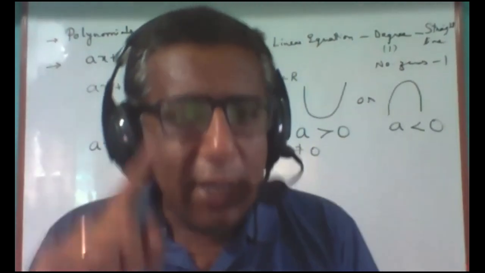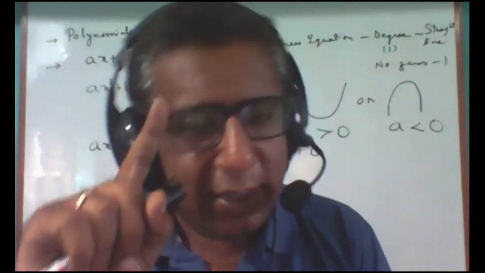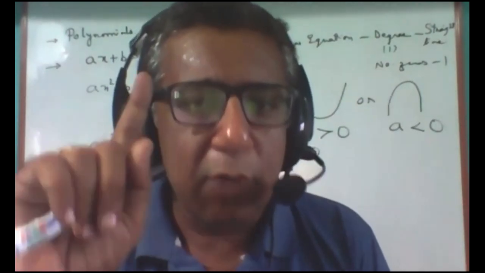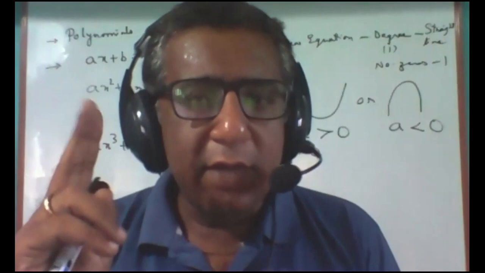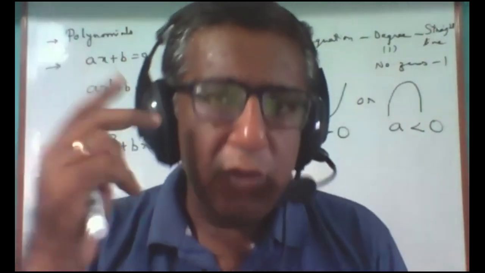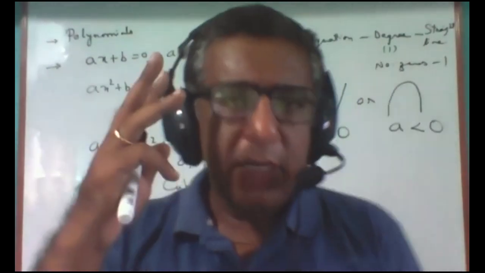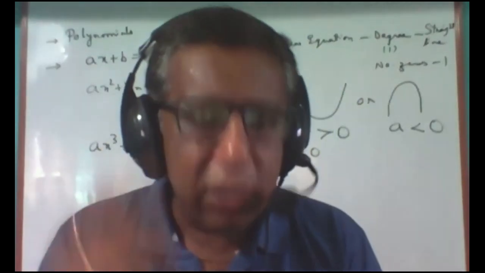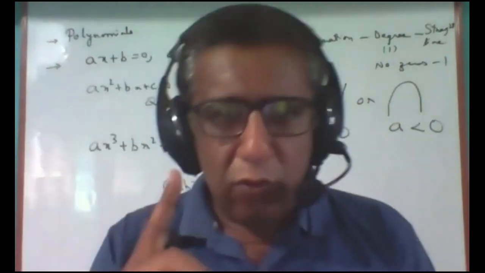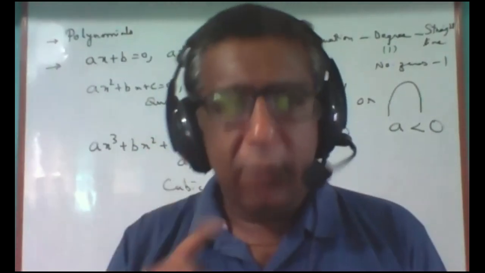Now, linear equation has at most 1 zero. Quadratic, what is the degree of it? 2, so it has at most 2 zeros. Cubic has degree 3, so it has at most 3 zeros. So zeros of the polynomial we have cleared.